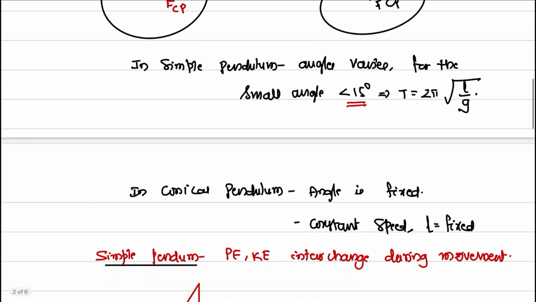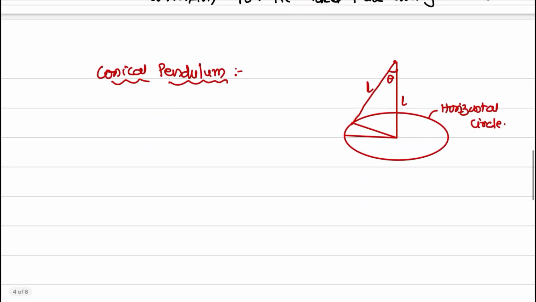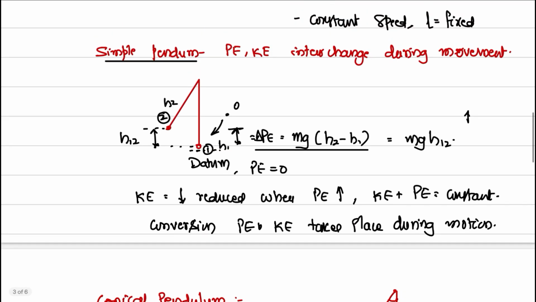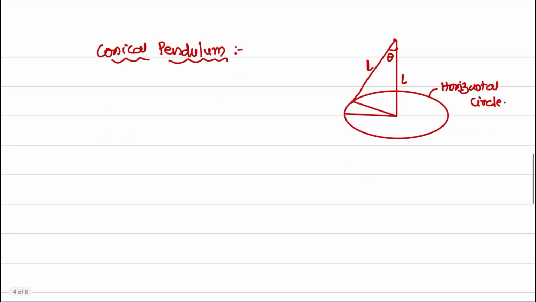In a horizontal circle, there is no potential energy gain and no potential energy loss, because it is in the horizontal plane and there is no height change for the mass. Hence, we can say mechanical energy is constant. No oscillations are taking place, it is only moving in a horizontal circle, horizontal rotational motion, whereas a simple pendulum is oscillating, coming from here and going back.